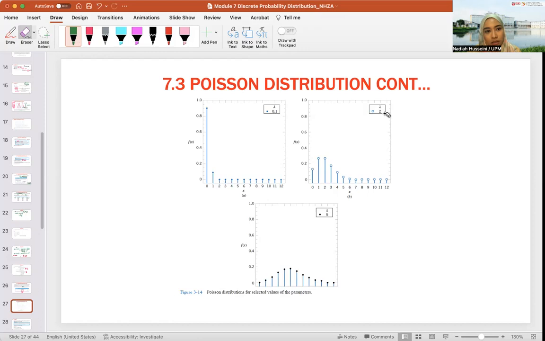If your N is a little bit greater, then your distribution looks more decent. And then if your N gets bigger, your lambda gets bigger, it looks better. And of course, if your lambda increases bigger and bigger, your distribution would look also better.